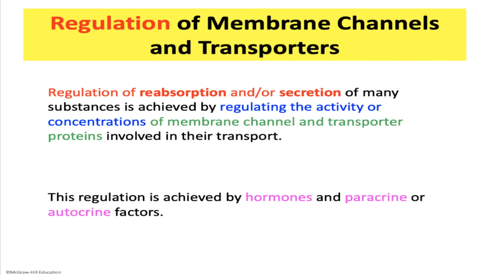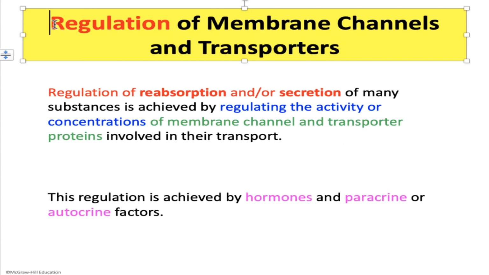We keep using the word regulation. You can substitute the word control in its place. So control of membrane channels and transporters. This is the key to how the kidney works in the second half of the tubule. The first half of the tubule is more or less working by default based on the rate of the filtrate.